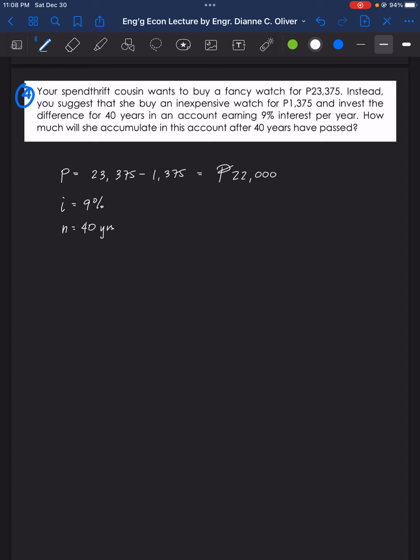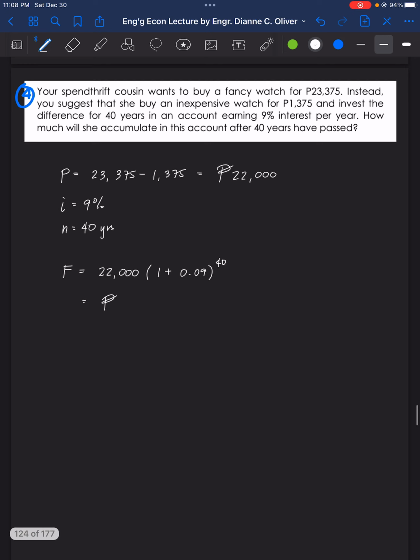So that's a lot of time. So how much is F? The future amount will be 22,000 times 1 plus 0.09 raised to the power of 40.